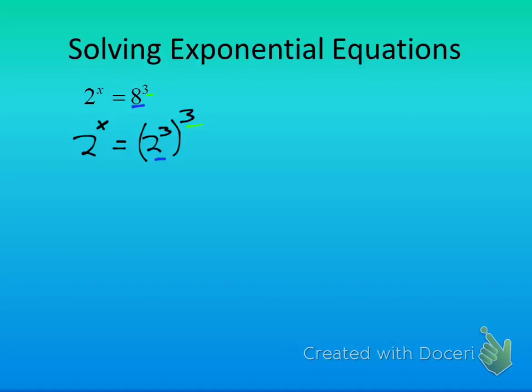Make sense? That's exactly it. You got a power to a power now, so you multiply those powers. So 2 to the x equals 2 to the 9th. And now that you have the same bases, you can set your exponents equal. So x equals 9. The key is to make sure your bases are the same.